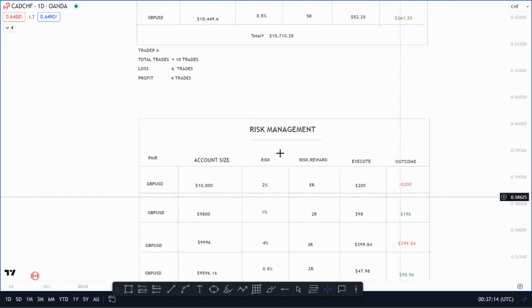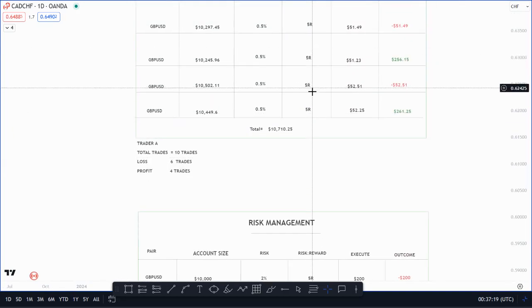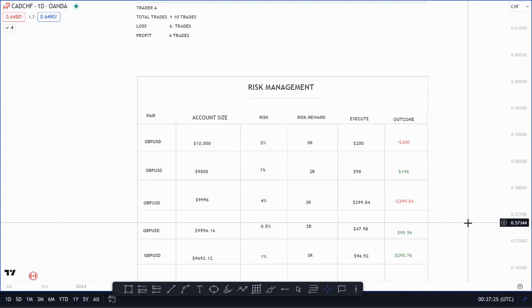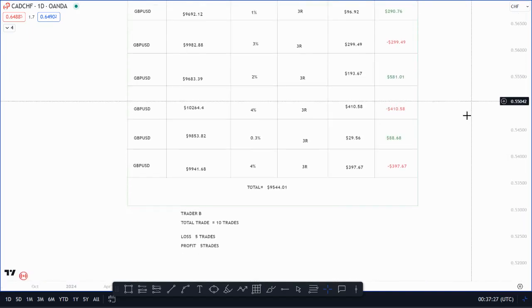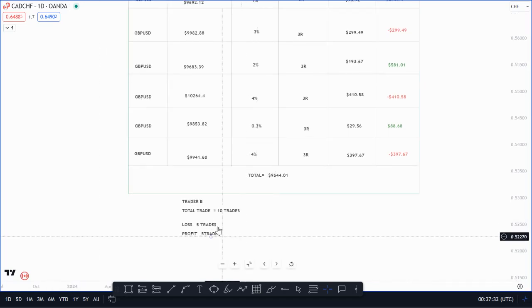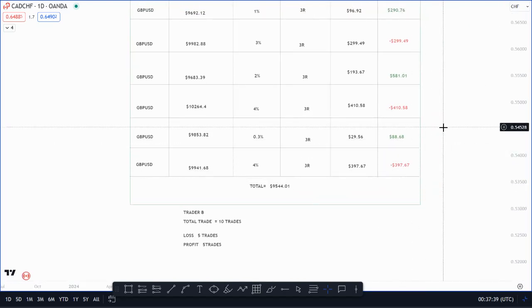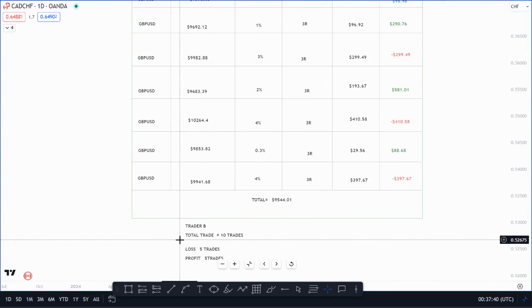And Trader A had 6 losses and 4 wins, but with a consistent risk portfolio, he was able to make 7% in total. And this guy is already at minus 5% drawdown. So with these few ideas, you can see that Trader A is a much better trader and he can stay in the game long term.